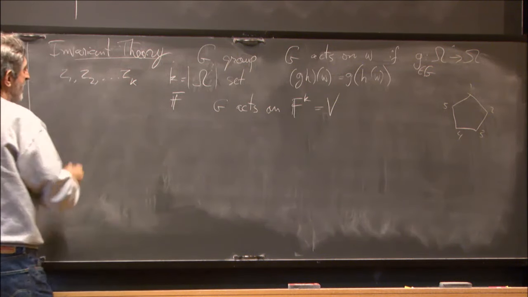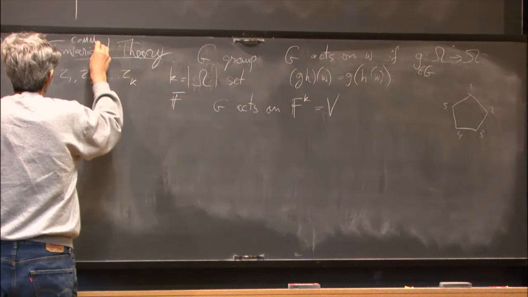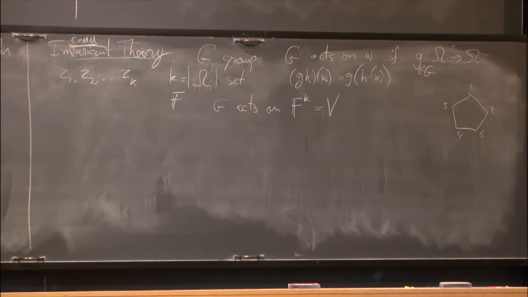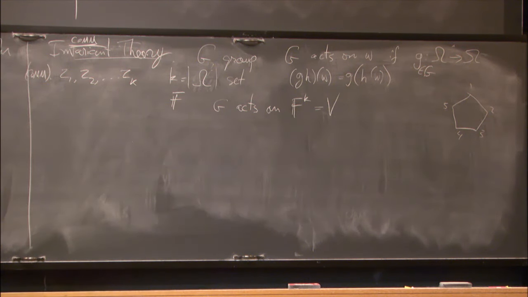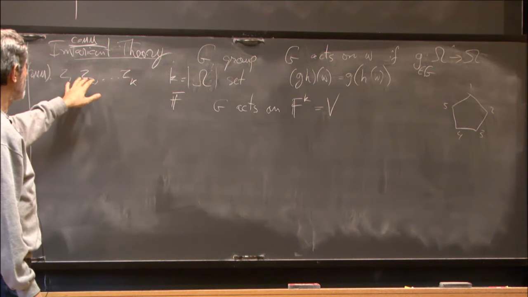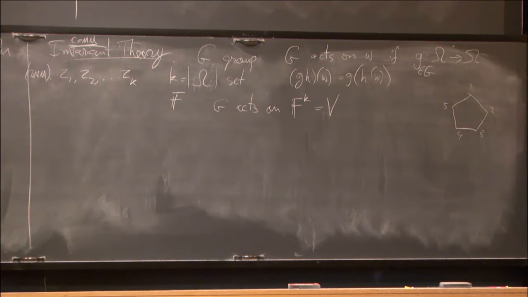I have to stress, because I keep changing between commutative and non-commutative, that in invariant theory everything I'll say here is commutative, and these variables commute. So there is an action on the vector space, and because the vector space can be viewed as indexed by these variables, which you can think of as names for the elements of omega, you can also think of G as acting on polynomials in these variables. They just permute the variables.